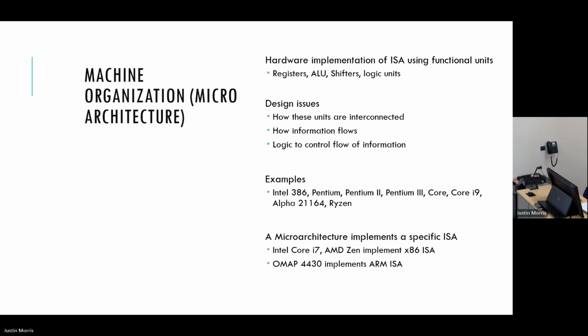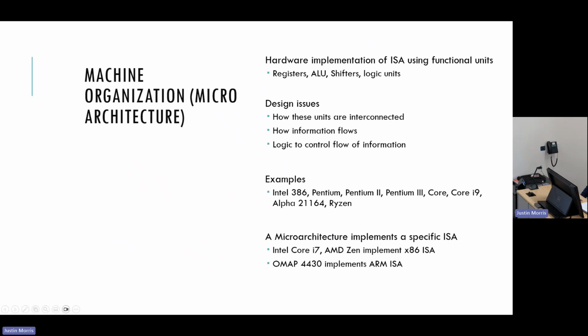Right. So the microarchitecture, this is the hardware implementation of the ISA using those functional units. So the registers, how many there are, the ALU. This is implementing all of your arithmetic instructions like add, subtract, multiply, divide, bitwise and.